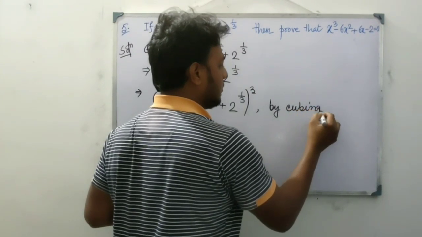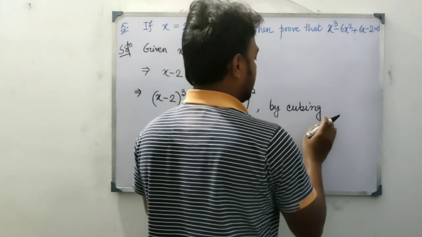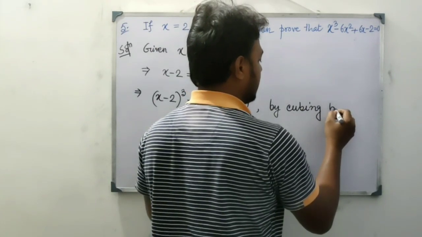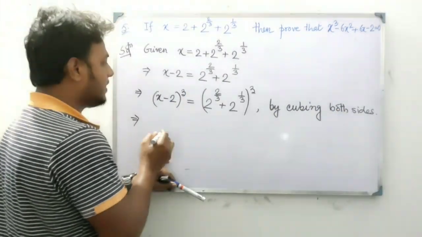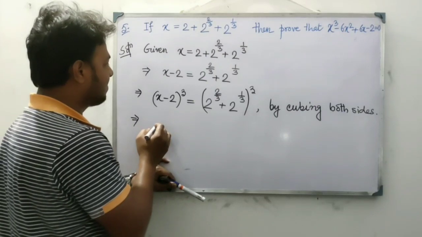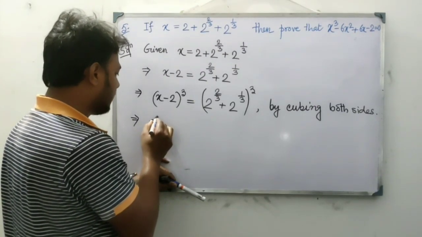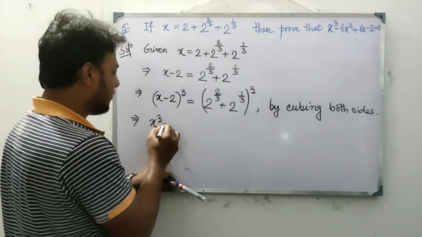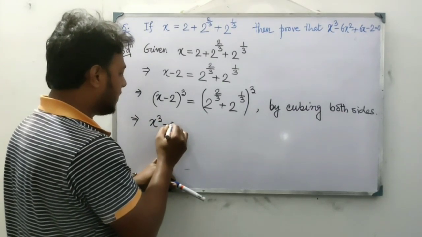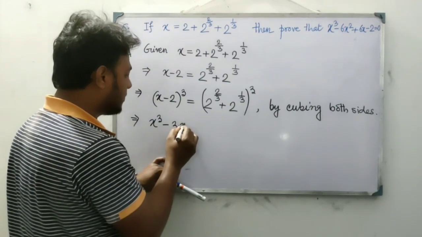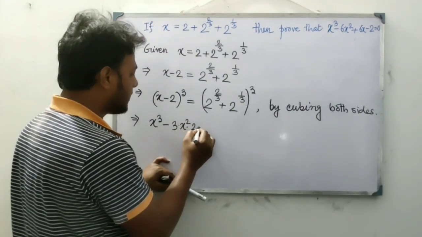Cubing both sides. x minus 2 whole cube means a cube, expand it, a cube minus 3a square b, that means 3 into x square into 2, plus 3ab square.